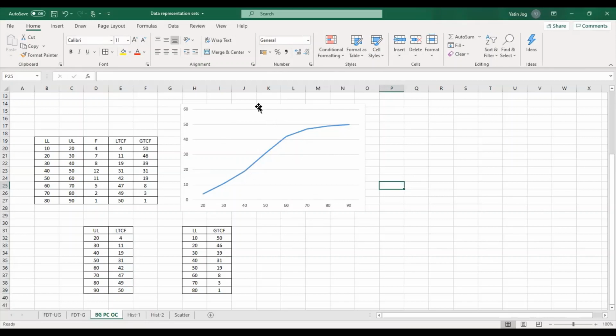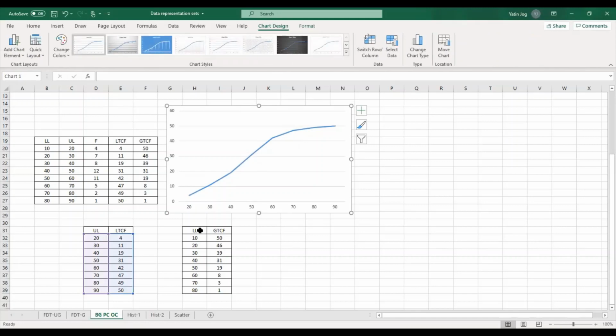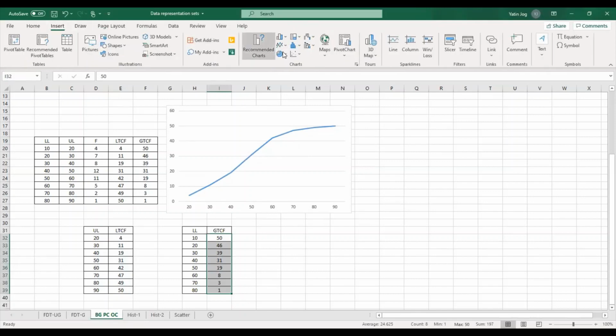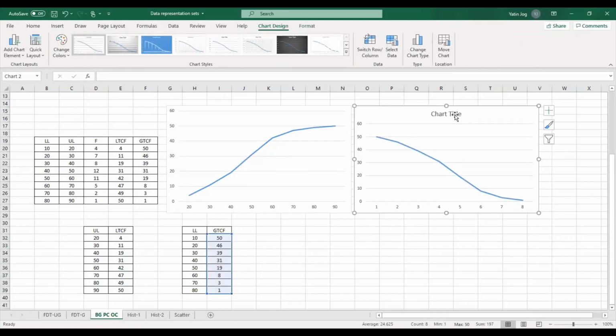Okay. Now similarly, I can draw the greater than type of Ogive curve. So I'll try to draw the greater than type of Ogive curve also. What I have to do is again select all the values in greater than cumulative frequency, go to line chart, simple line chart. It will be exactly in the opposite direction, has to be, because the process is also exactly opposite.